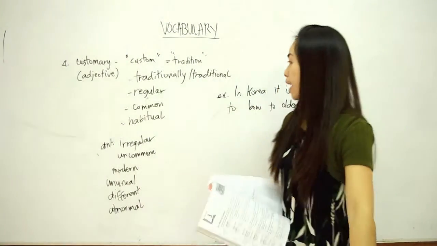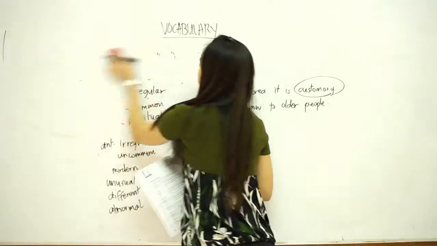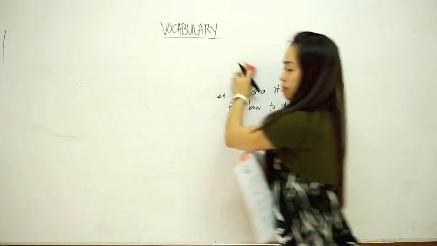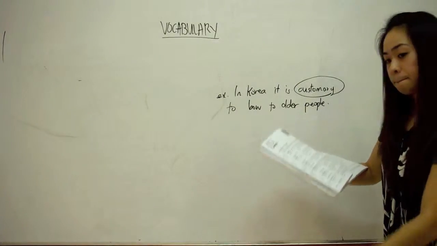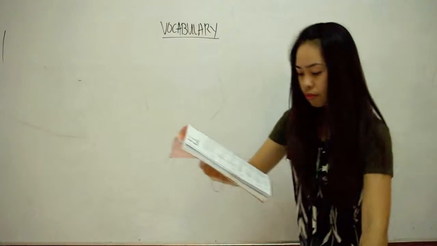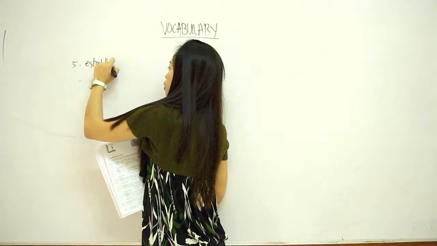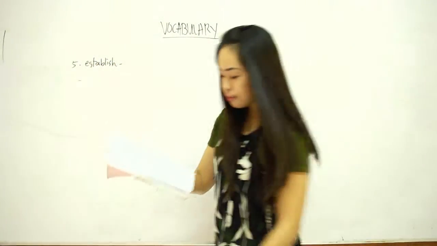Next one. We go on now with our fifth word. Our fifth word is the word establish. I think this is a common word. So establish here acts as a verb.